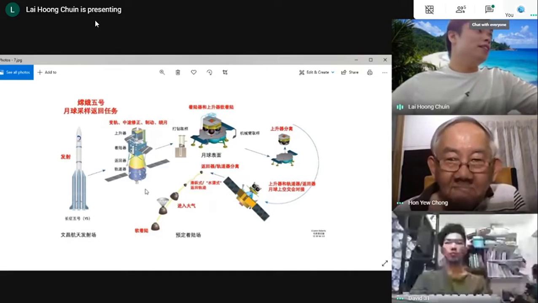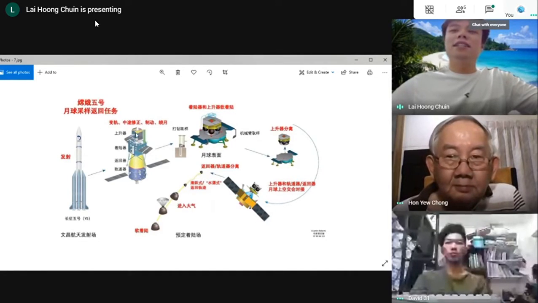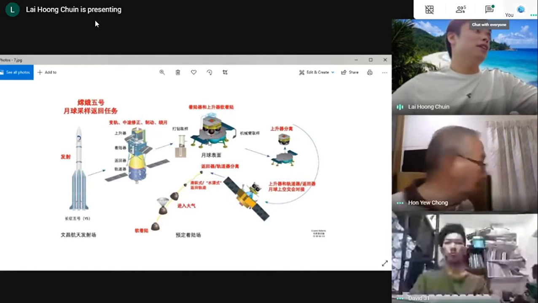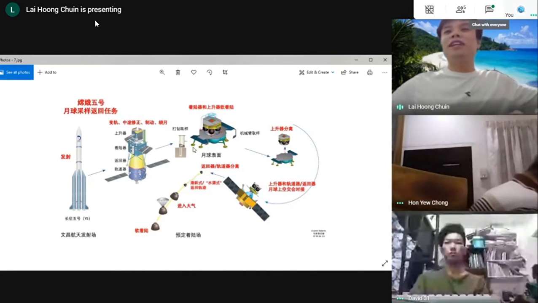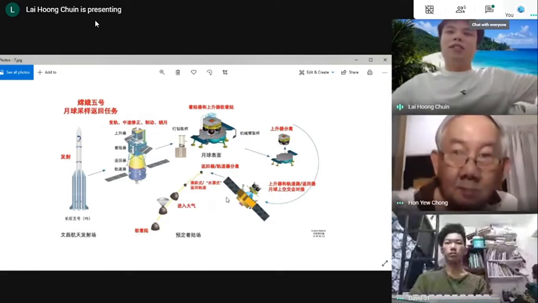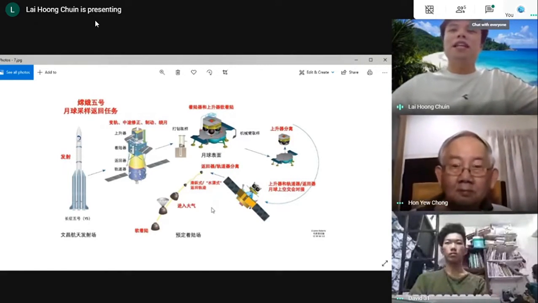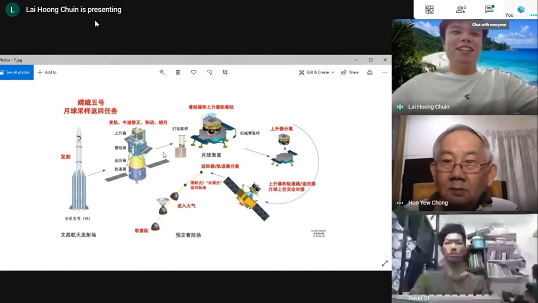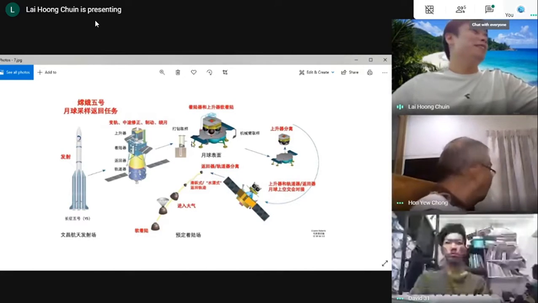So first, we have to send the chef to the moon. The chef is this drill to take the soil. After they take the soil, this soil is actually the pizza, the done pizza.